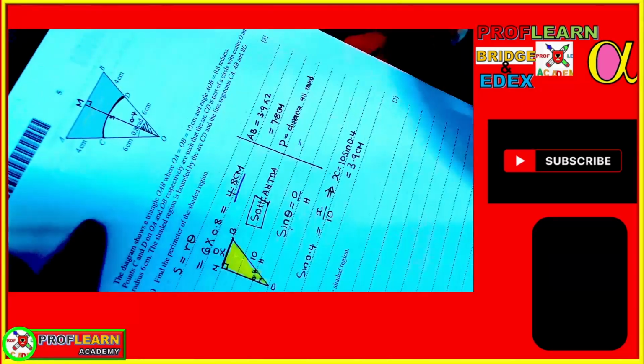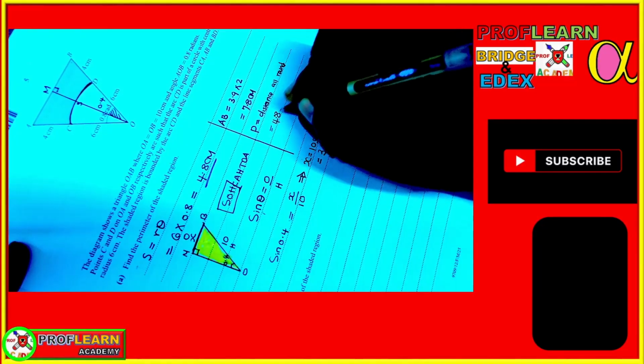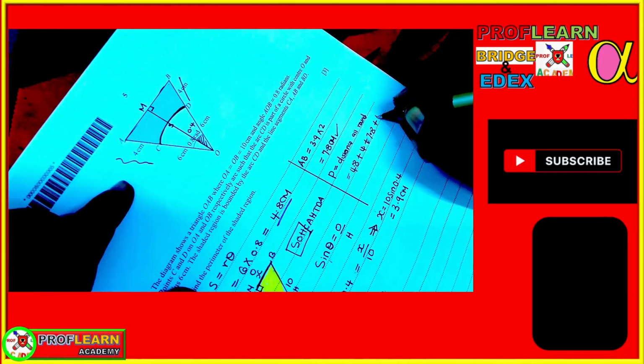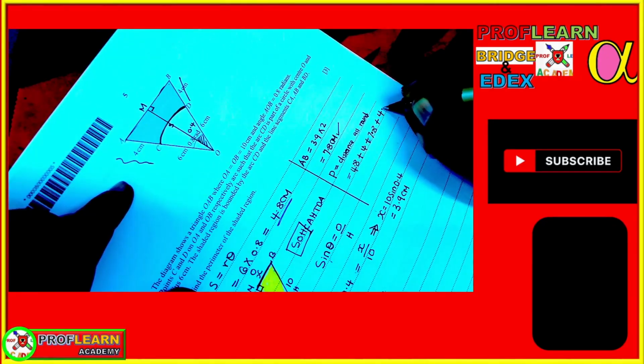The distance of the arc length was 4.8, plus we move this distance here, which is 4, plus this distance across, which we have gotten here, 7.8, then plus this distance here, which is basically 4.